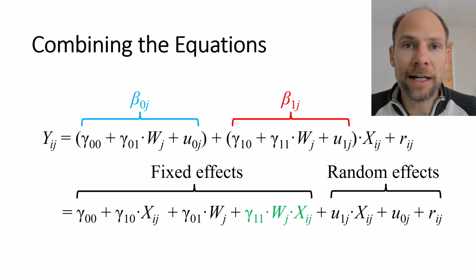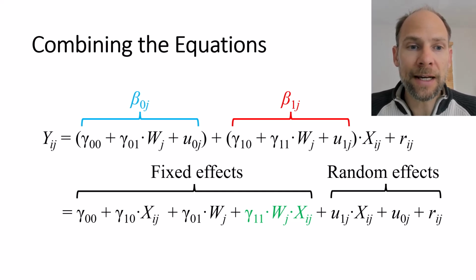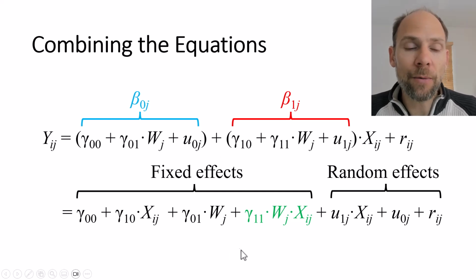What's interesting to us are the fixed effects. In the combined or mixed effects multi-level equation, we have an intercept gamma 0,0. We have an effect of the level 1 predictor, which is quantified by the gamma 1,0 constant regression coefficient. And we have a simple effect or main effect of our level 2 predictor, Wj, which is measured by gamma 0,1.